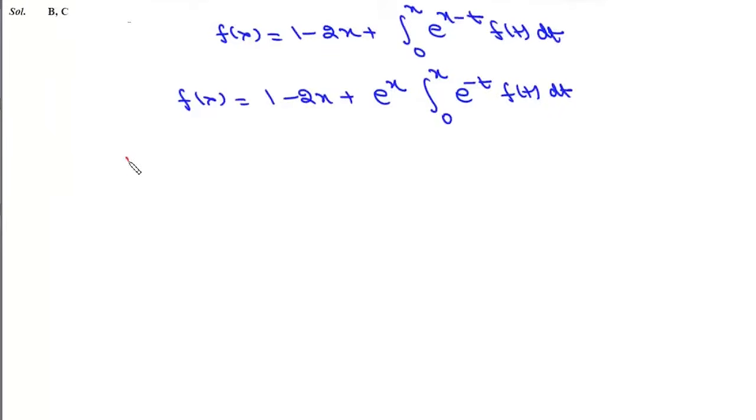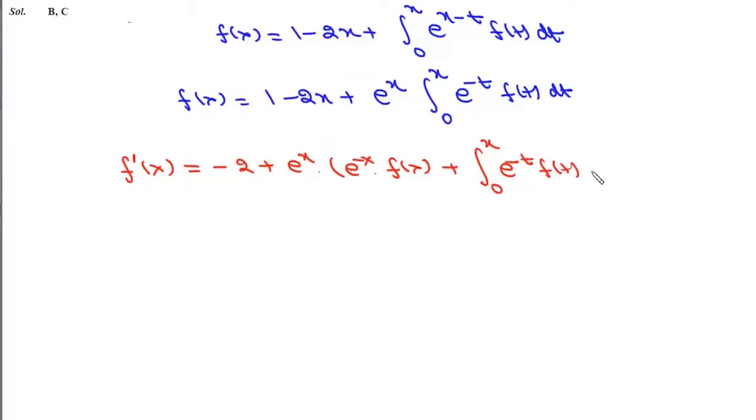Now we'll differentiate this function using the Newton-Leibniz formula. So we'll get f dash x will be equal to minus 2 plus, now first function as it is, derivative of this function will be e to the power minus x into f(x), plus this integral from 0 to x of e to the power minus t f(t) dt into the derivative of e to the power x, which is e to the power x. Now we'll write this as f dash x equals minus 2.